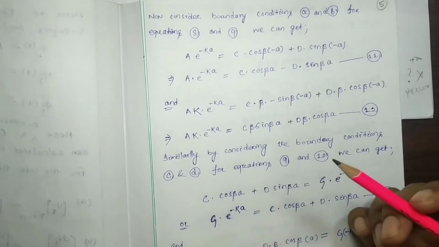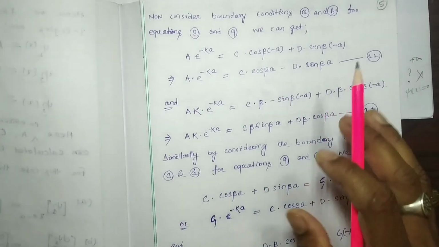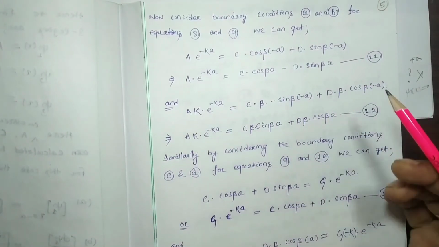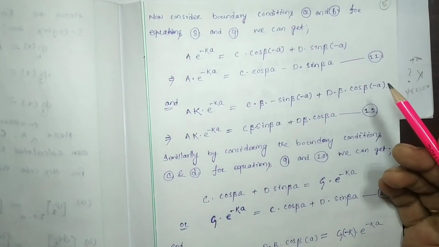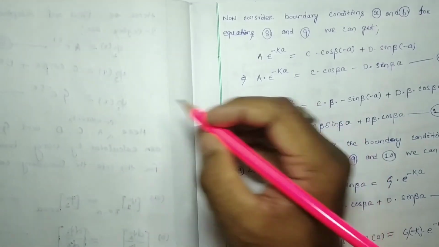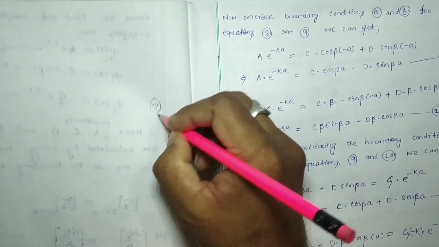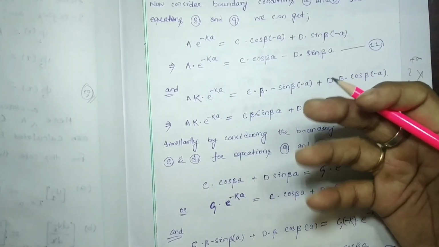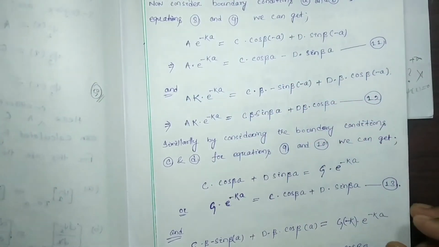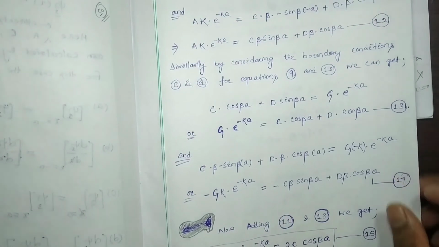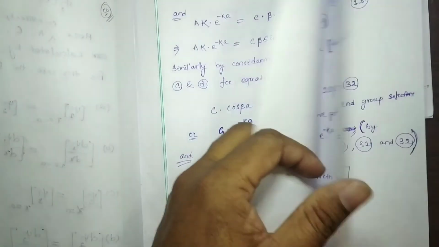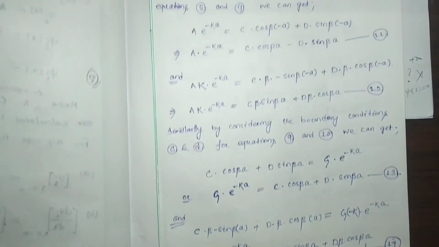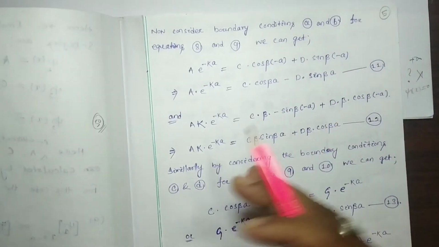Actually I am thinking that we have to stop here, because the video is already more than 50 minutes. Here we would start how to apply the boundary conditions and find the values of A, C, D, G. These are too long also, so we will discuss them in the next video.